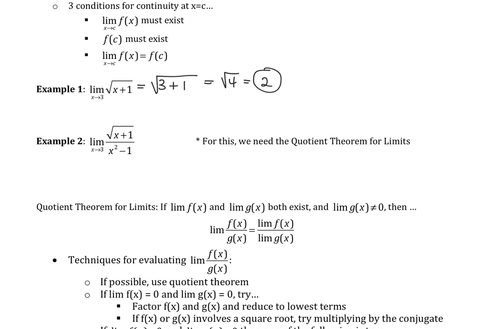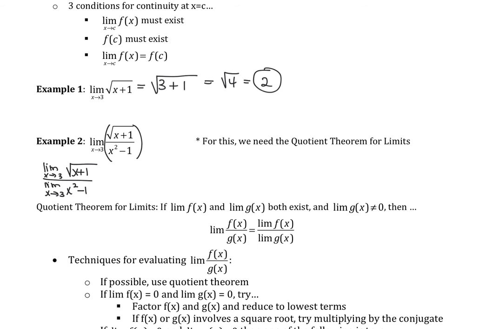For example 2, you can see I have a limit of a quotient, so we just need the quotient theorem for limits, which just basically means that if I have a limit of a quotient here, I can break apart that limit or that quotient so that we are taking the limit as x approaches 3 of the numerator, and the limit as x approaches 3 of the denominator.